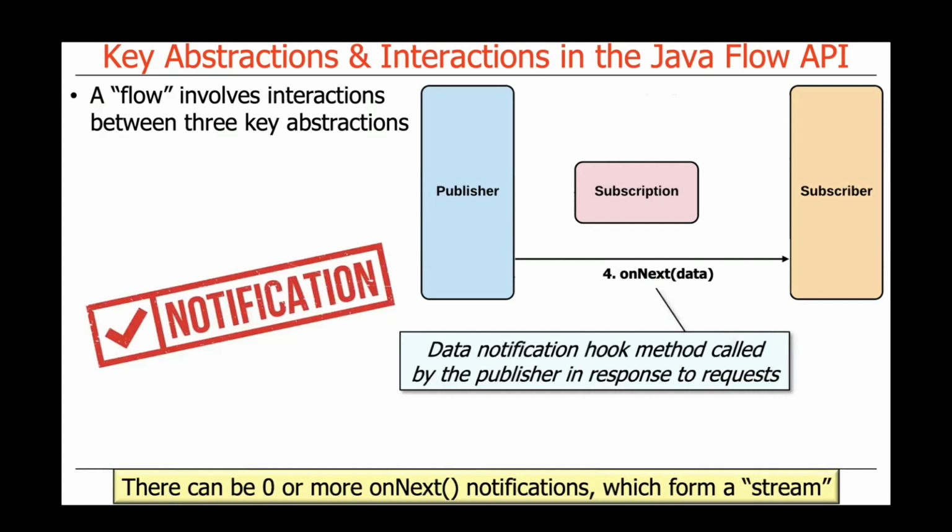Now, as we talked about before in our regular expression, there can be 0 or more calls to the onNext hook method, which essentially notify the subscriber that there are events coming in. And this stream of onNext notifications is what constitutes the stream or the flow between publishers and subscribers.